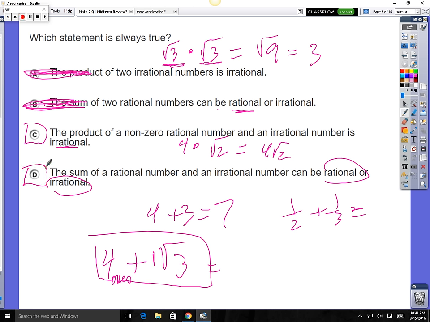So, are we going to go for C or are we going to go for D? I wonder if we can prove one of them wrong. The product of a non-zero rational number and an irrational number is irrational. Non-zero rational.